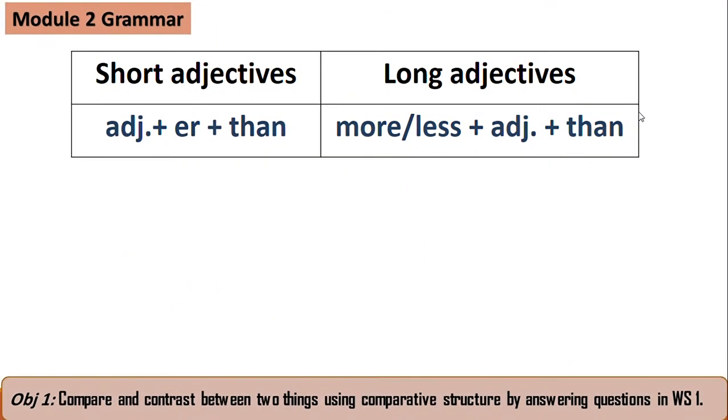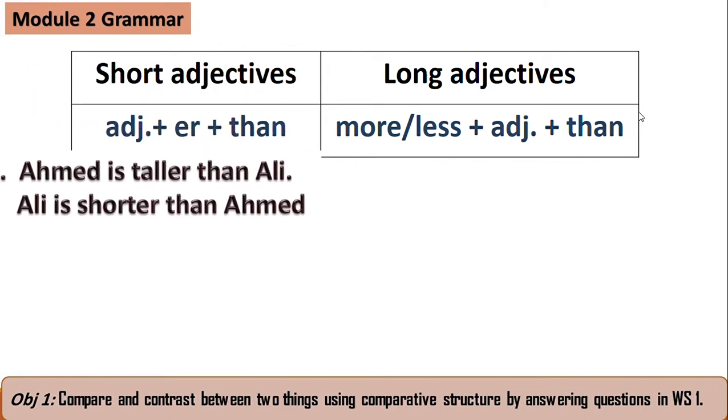Now, we have a rule to form your sentence using a short or long adjective to make a comparative. The first rule: you add er to the short adjective, with than, but with the long adjective we use more or less than.